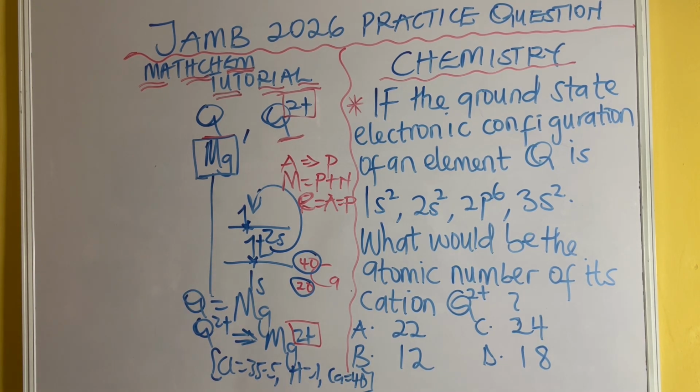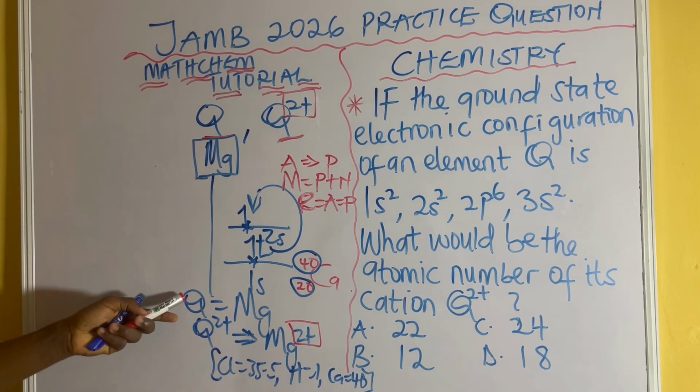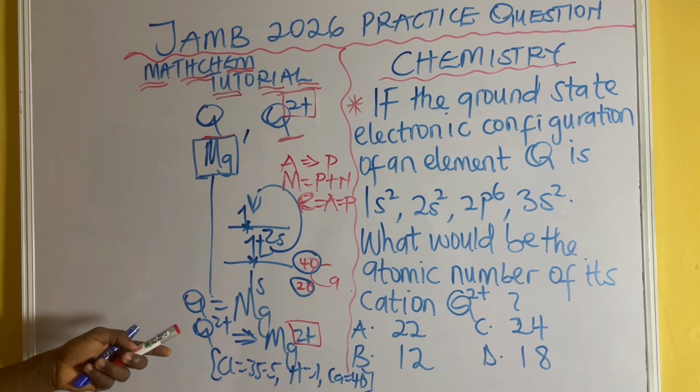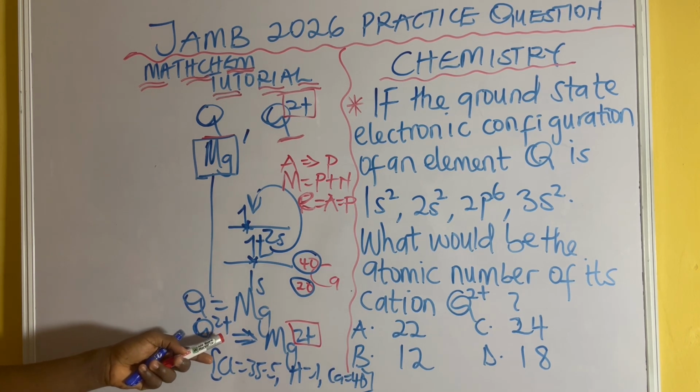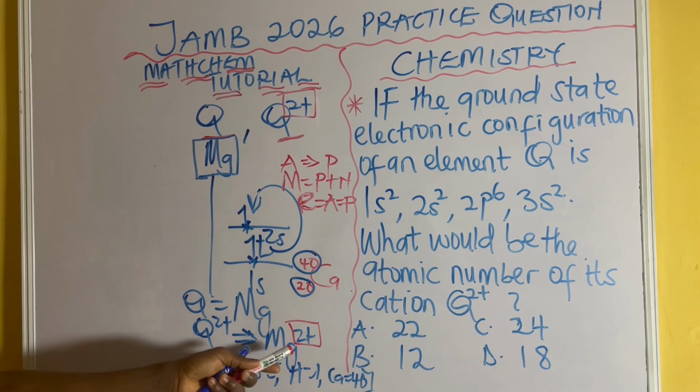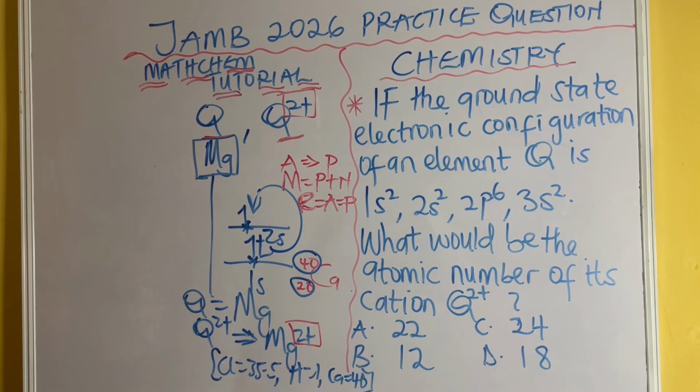Now let's go back to the question. The question says, what will be the atomic number of its cation Q2+? When I was explaining these two concepts, I said atomic number for Q is 12, protons for Q is 12, and the electrons are also 12. Now, what about Q2+, which is Mg2+? Atomic number is 12.